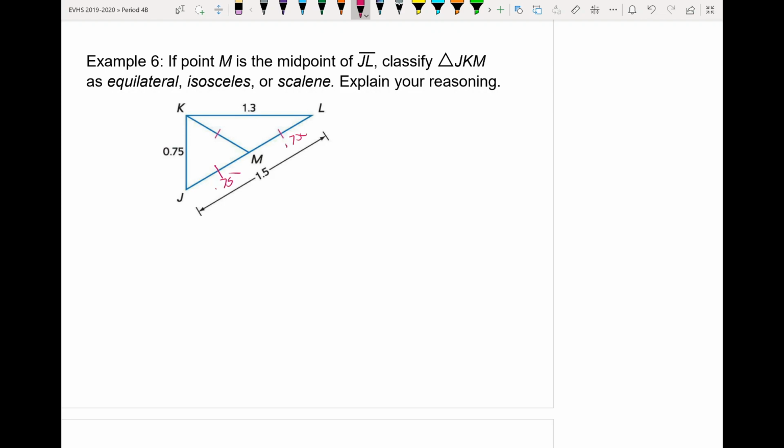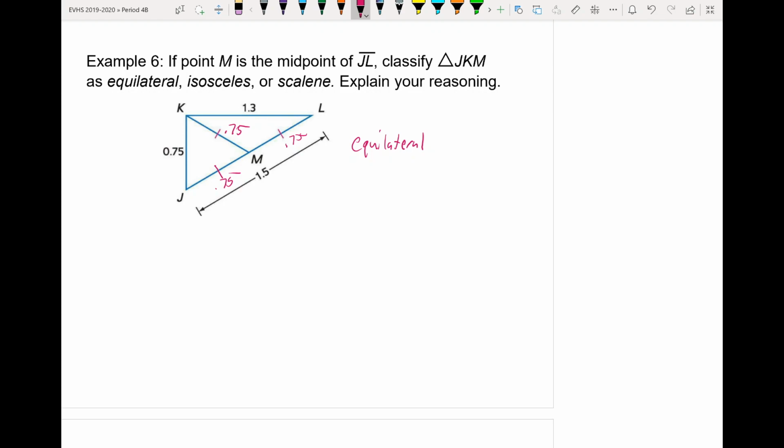All right, so is triangle JKM, the small triangle on the left, equilateral, scalene, or isosceles? Okay, so if this is 0.75, then this one right here is also 0.75, so it's equilateral, because all three sides are 0.75. Now, justify or explain your reasoning is basically just a scaled down simplified proof. How did we get there?